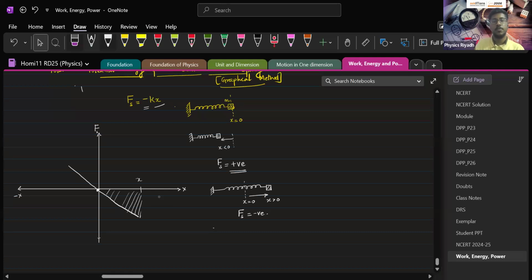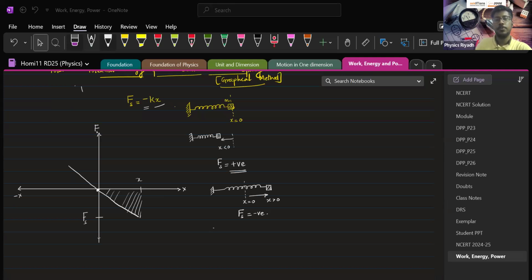So how do you calculate this work done? Let's say the spring force here is Fs. You simply have to take the area of that triangle, the shaded region, only during extension.